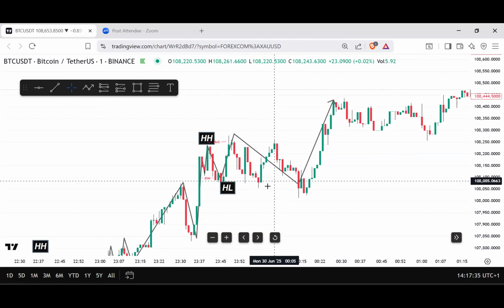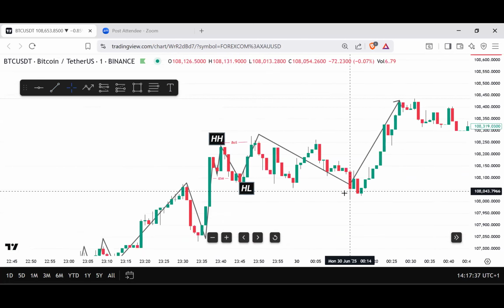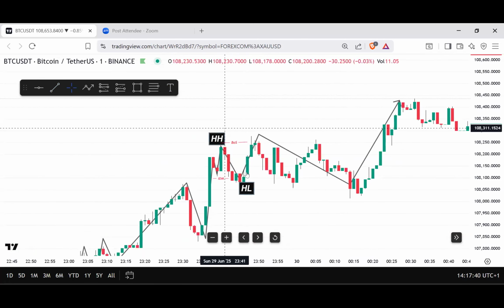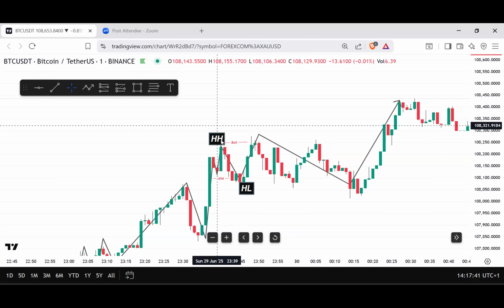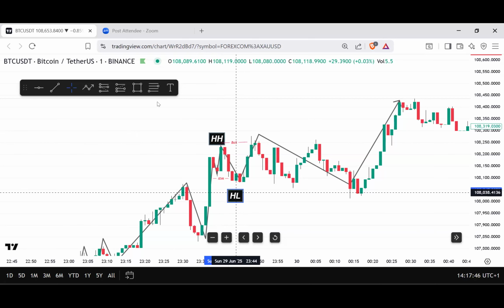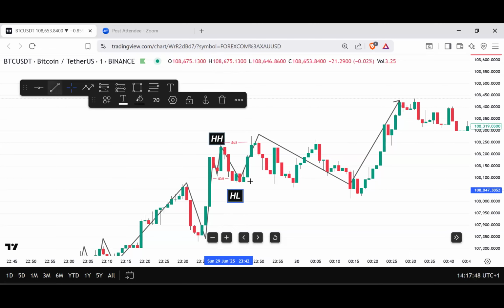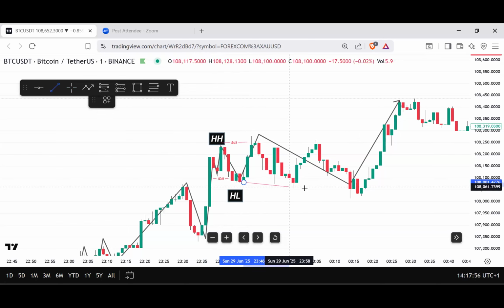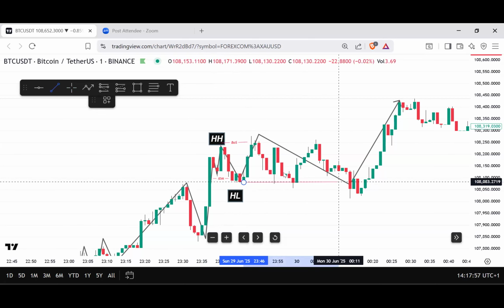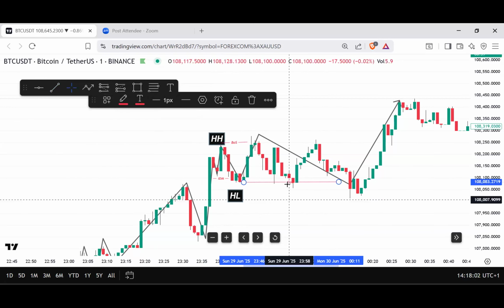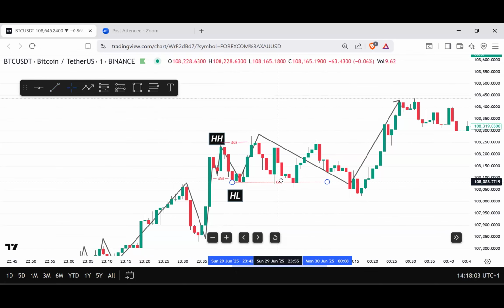Now in this case, there was an impulse that broke above this. Now the higher low is broken, so it was like a COC. Yes, correct. There's a COC there.